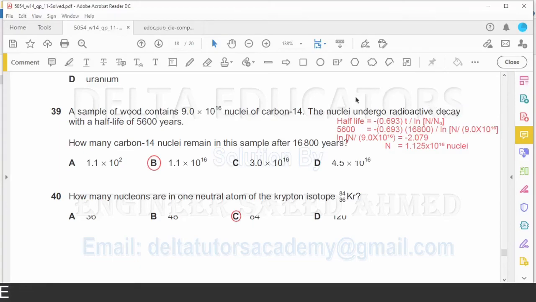Here half-life is given as 5600, total time T is 16800, N is the final number of nuclei that we have to find out, and N naught is the initial number of nuclei, given here as 9 into 10 power 16. By solving this one, we get N equal to 1.125 into 10 power 16 nuclei. It is given in option B as 1.1 into 10 power 16. So our correct option is option B.